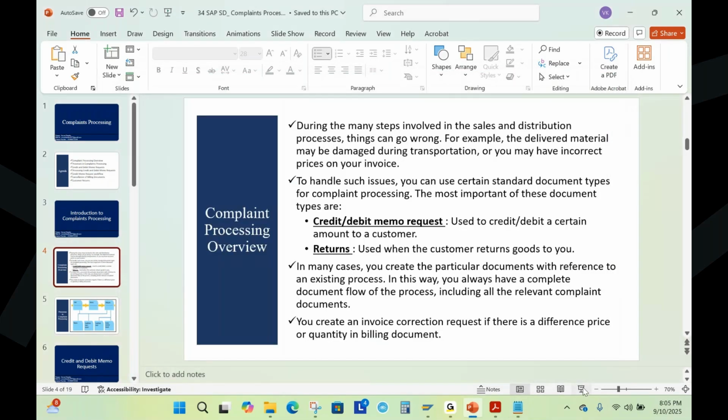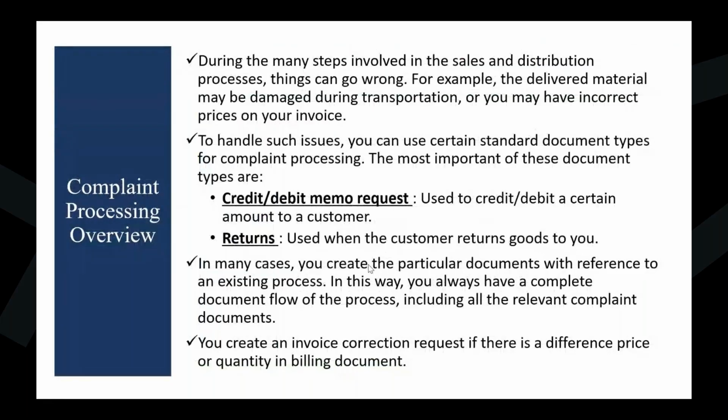To handle such issues, you can use certain standard document types for complaint processing. The most important of these document types are credit and debit memo requests. We will see this in the system. Use them to credit and debit a certain amount to a customer. So in the first case, if two pieces are damaged, you have to deduct some amount from the customer's outstanding amount.